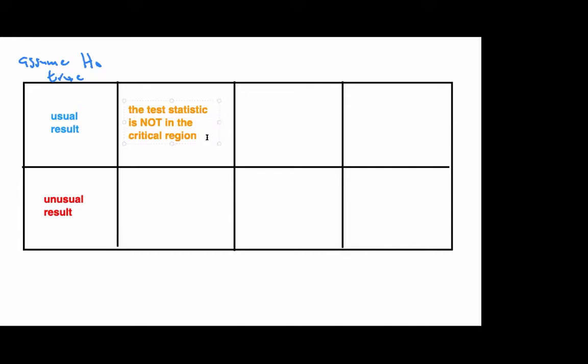So we have a critical region for our null hypothesis. If the test statistic is not in the critical region, that means it's a usual value. The flip side of that would be if we had a value that was in the critical region.